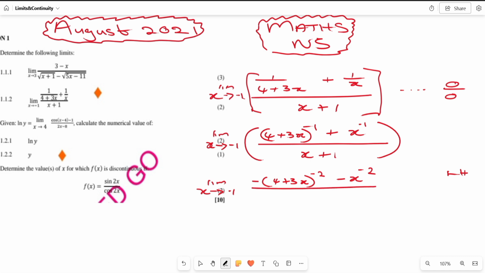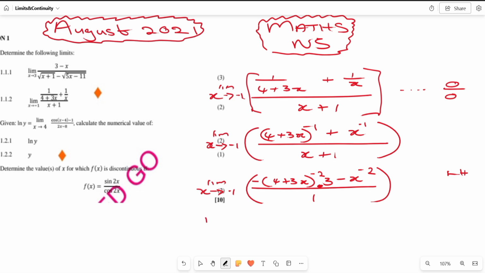And we divide all this by the derivative of this, which would be equal to 1. The answer that we get is minus 4. But now let's just see what would happen if we can write this in a different notation, and then we substitute.